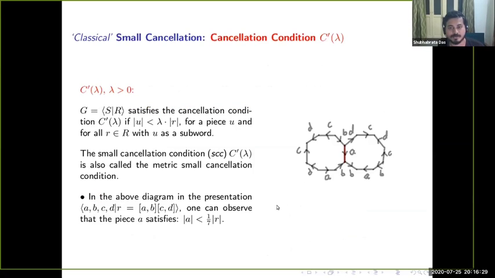Okay, so in the next slide, we see what are known as the small cancellation conditions. There are a few variants.